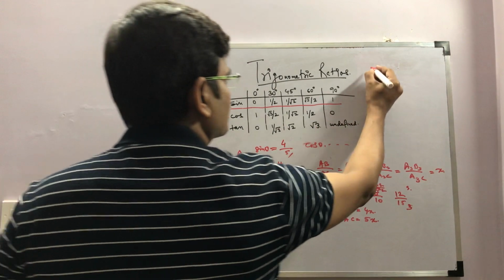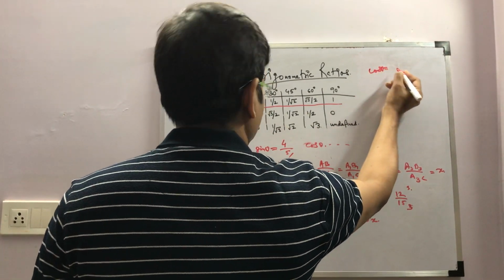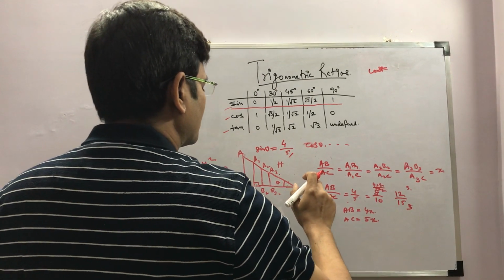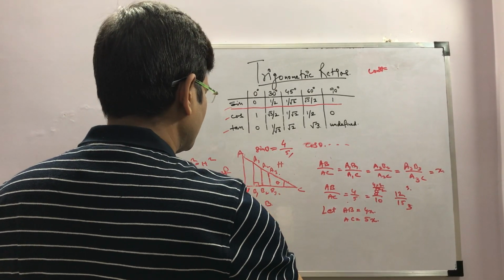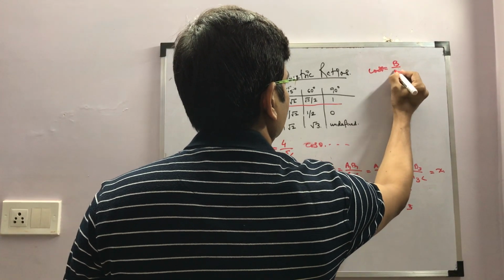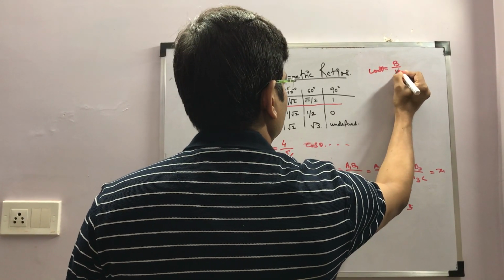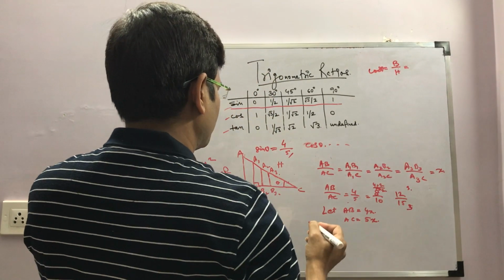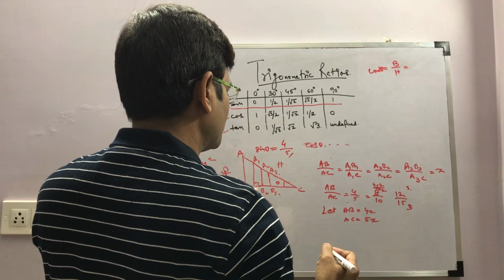Cos theta is base by hypotenuse, BC by AC.